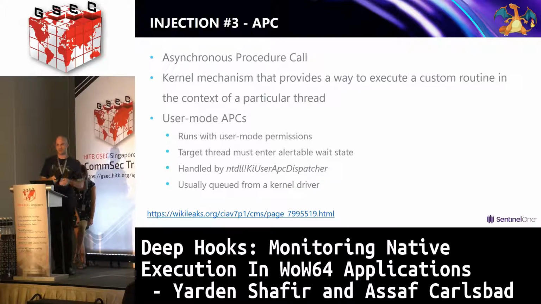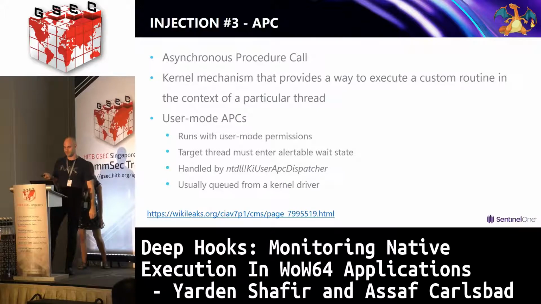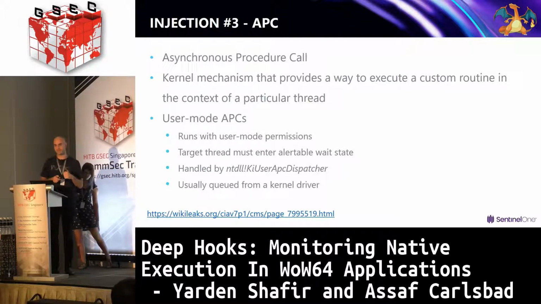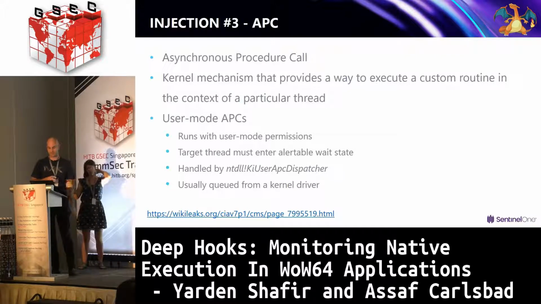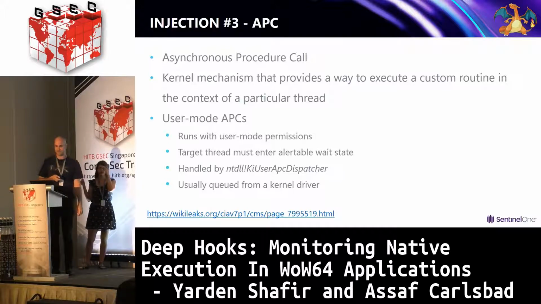That happens, for example, when the thread goes to sleep, waits for a synchronization object or something like that. The third key point to notice is that all user mode APCs are first handled by one single function called KiUserApcDispatcher, which is exported from NTDLL. This function is going to make several preparations and then jump to the function which the programmer intended to call. We will get back to this function later.